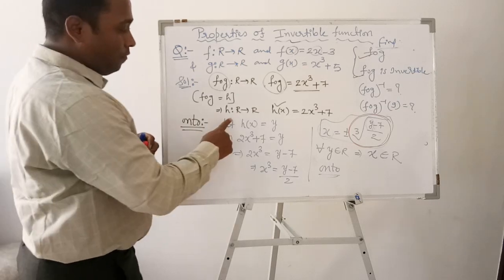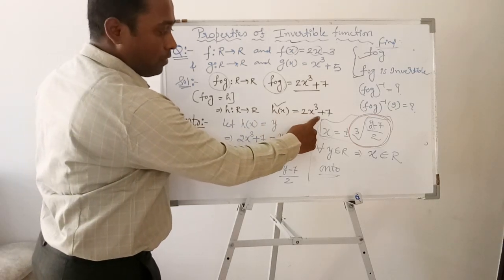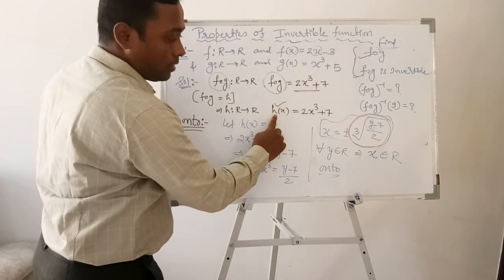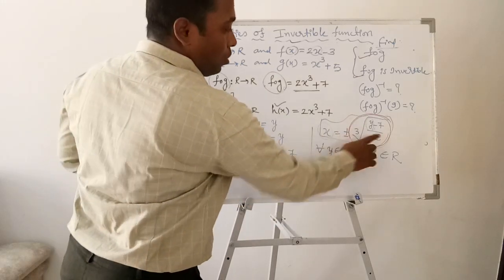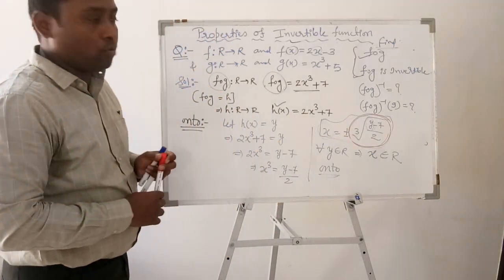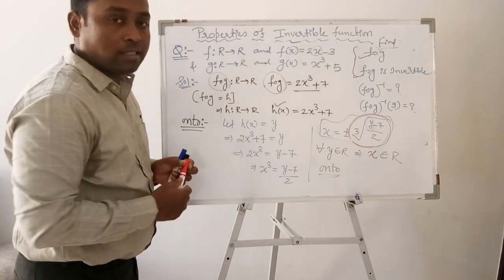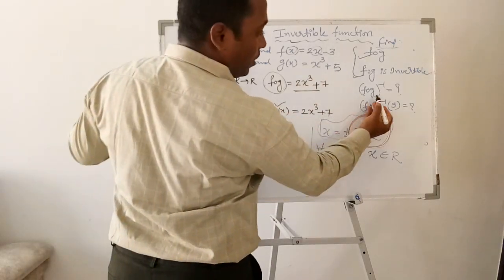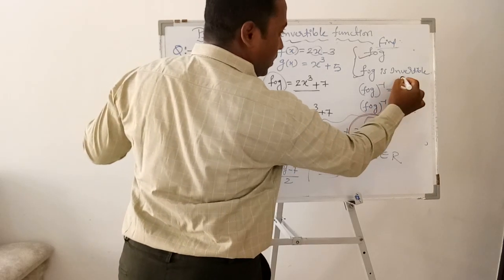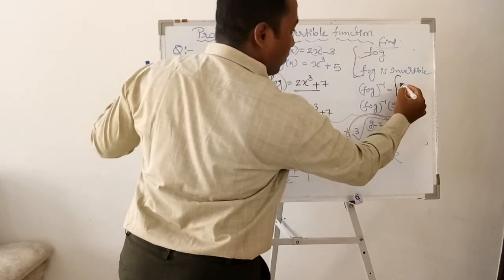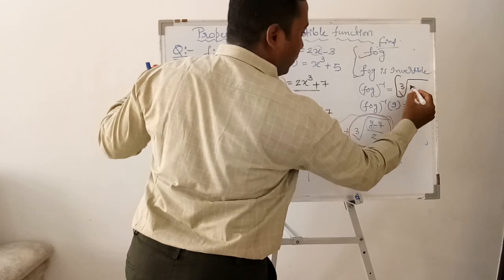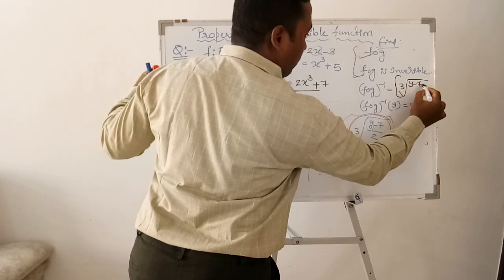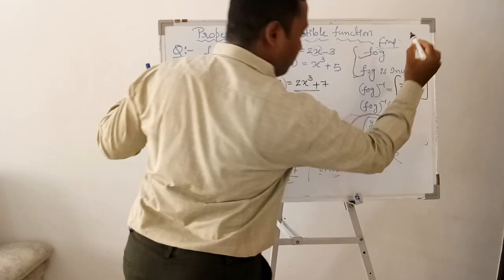So h of x is 2x cube plus 7, then h inverse is given by cube root of (y minus 7) by 2. So ultimately, what would the third part answer be? The inverse of this fog function is given by cube root of (y minus 7) upon 2.